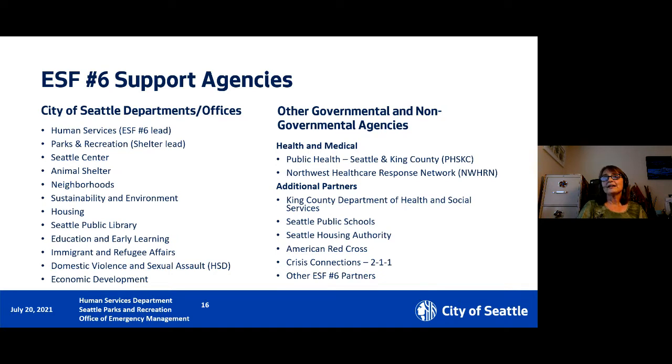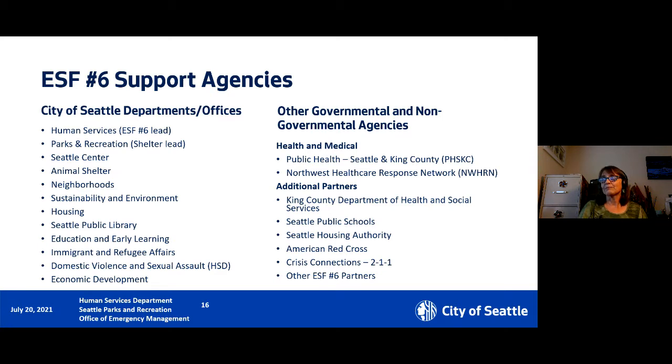So there's many other governmental and non-governmental agencies that also support this area, and a few of them are under Health and Medical, the Public Health, Seattle and King County. They are a real key partner with us. Northwest Healthcare Response Network. Moving over to the county, King County Department of Health and Social Services.